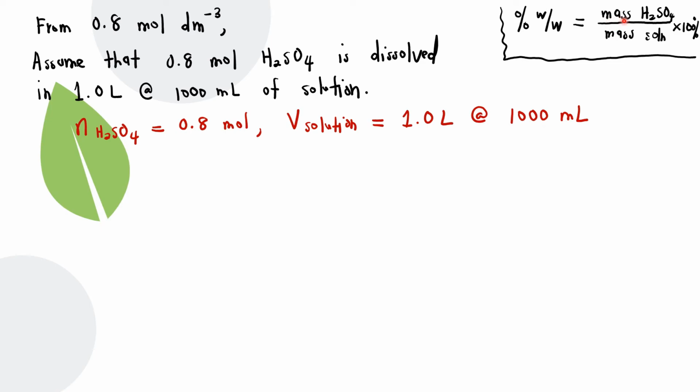So for mass of sulfuric acid, we can find from its number of mole, and to find mass of solution, we can find from this V solution and also the density given in the question.